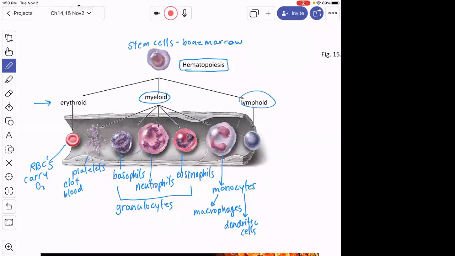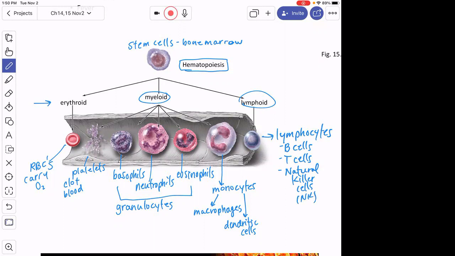And then lymphoid precursor cells are going to develop into lymphocytes. Okay, and some examples of lymphocytes: B cells, T cells, and natural killer cells. We usually abbreviate those and call them NK cells.